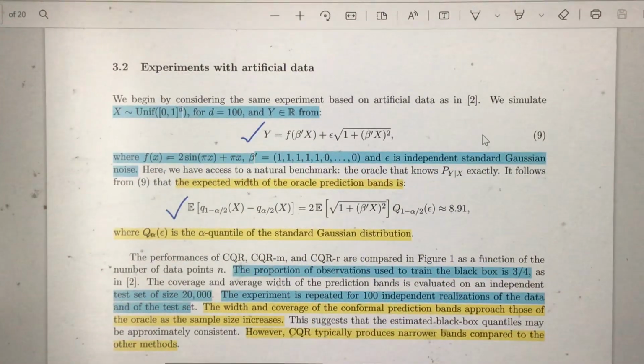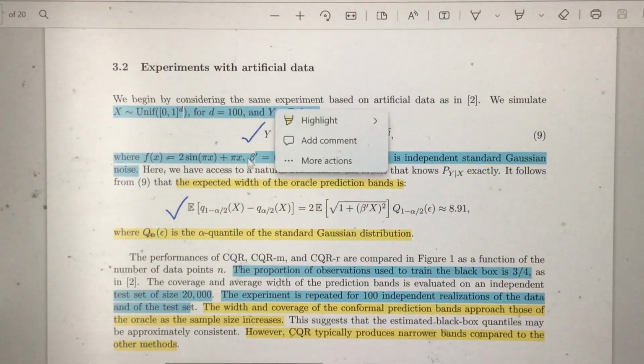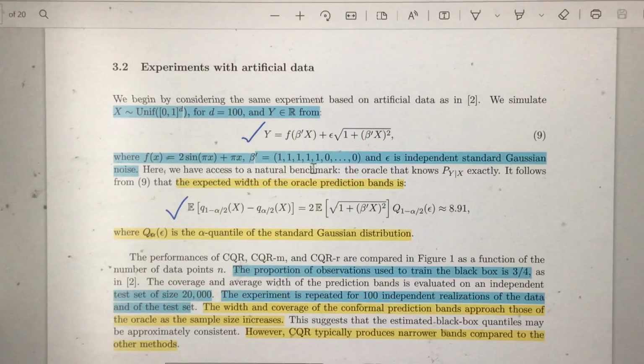Okay, for the simulation data, x will be uniformly distributed from 0 to 1, and the dimension will be 100. y will be f of beta-transpose x plus epsilon times 1 plus the square of beta-transpose x, with f of x defined as shown, and beta as shown here.